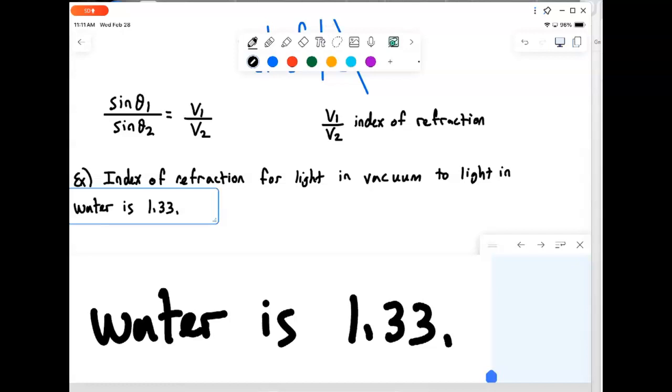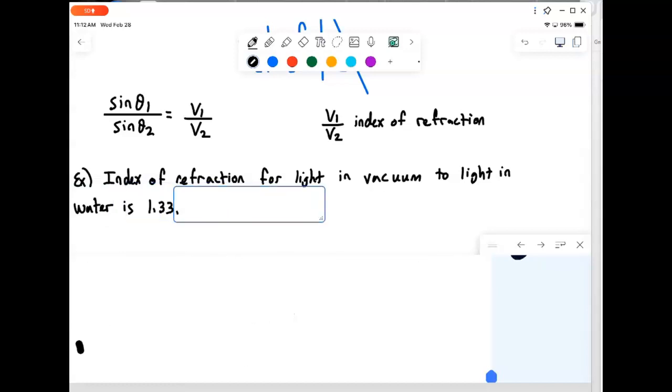So again, if you were doing light in the atmosphere to light in water, then the index would be slightly different. Light moves through our atmosphere slightly slower than it moves through a vacuum.